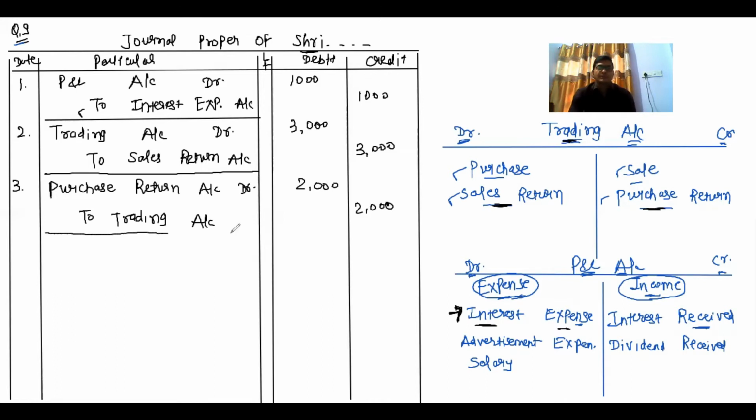Then entry number 4, interest received account. Interest received is income in P&L account. So P&L account credit and interest received account debit. Amount 800.